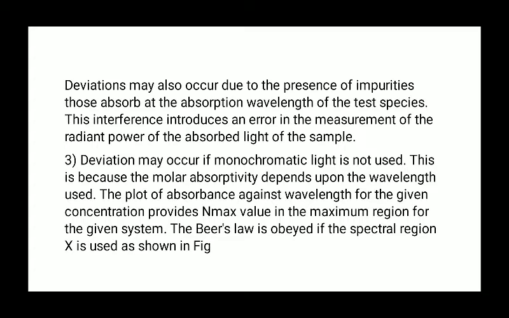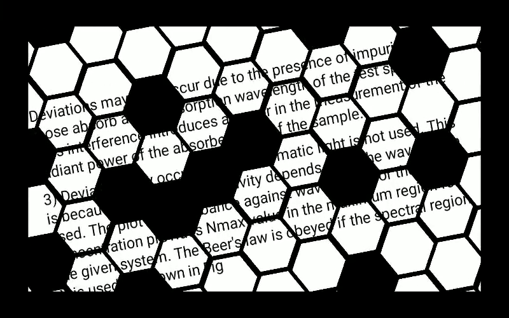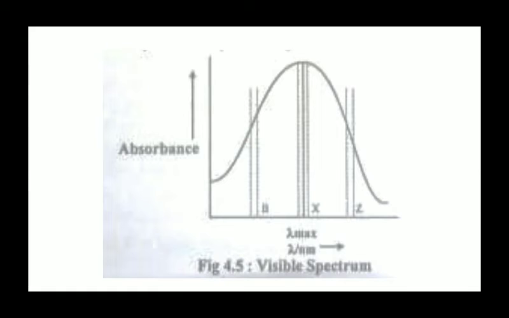This is because the molar absorptivity depends upon the wavelength used. The plot of absorbance against wavelength for a given concentration provides the lambda max value in the maximum region for a given system. Beer's law is obeyed if this spectral region is used, as shown in this figure. See here, absorbance against lambda max.